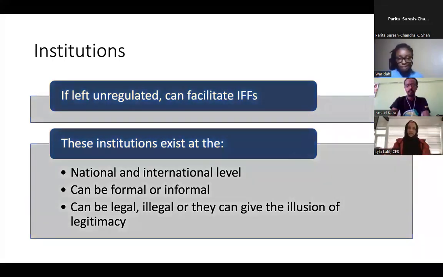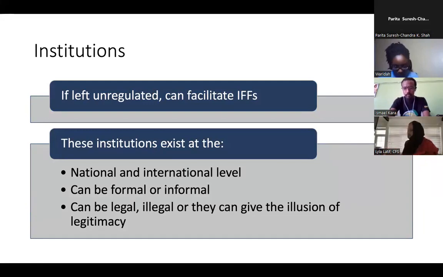Now, institutions can facilitate illicit financial flows if they are left unregulated. These institutions exist at the national and international level, right? So think of banks and other financial institutions, which are characterized as international financial centers, offshore financial centers, tax havens, or secrecy jurisdictions. Even cross-border regional private equity firms.